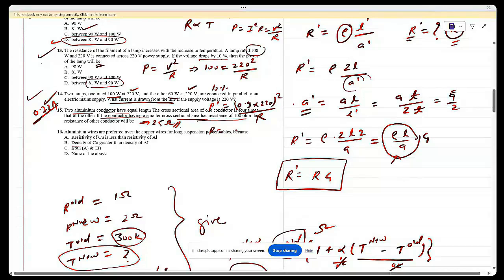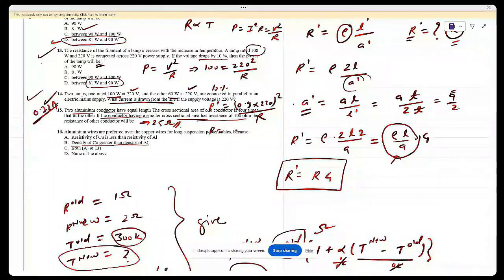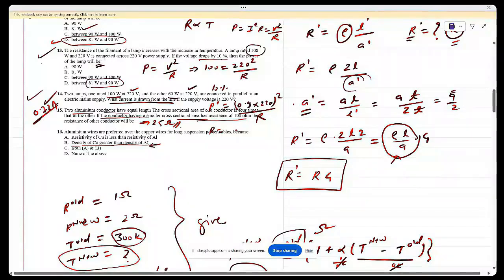If a material has higher density, it needs higher structural support in terms of towers and all. That's why we use aluminium cables, because their density is lower as compared to copper, and their resistivity is also low as compared to copper. So the correct option is B.